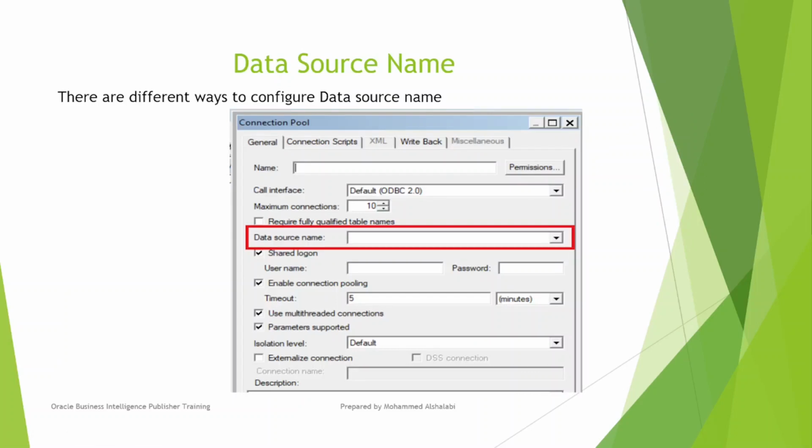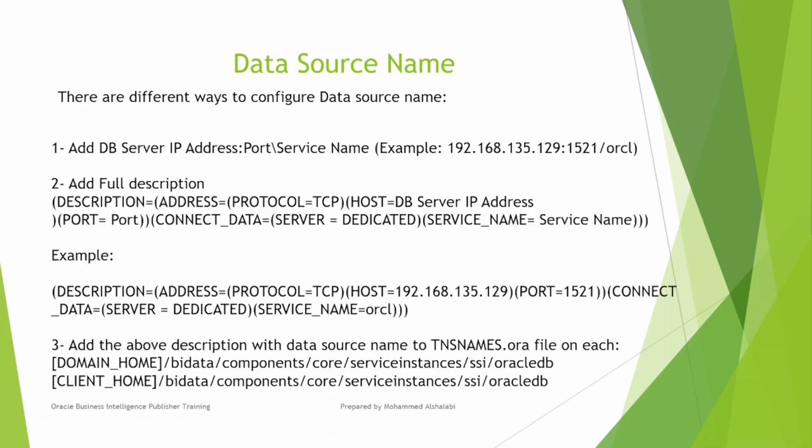And regarding the data source name, there are different ways to configure it. I have shown you the first way, where I added the IP address, port, and ORCL. There are two other ways. The first one is to add the full description. It's like the TNS name, where you configure the TNS name.